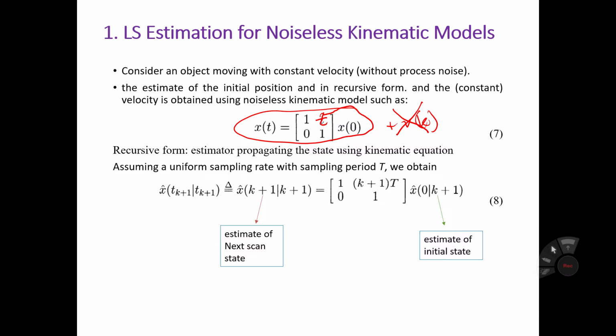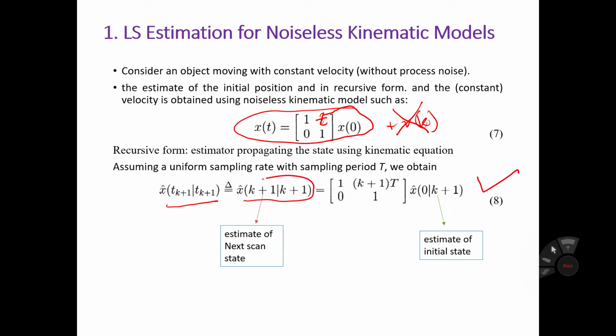This is the recursive propagation determined by the estimator. Assuming a uniform sampling rate with sampling period t, we obtain this estimated value at time k plus 1, conditioned on time k plus 1.